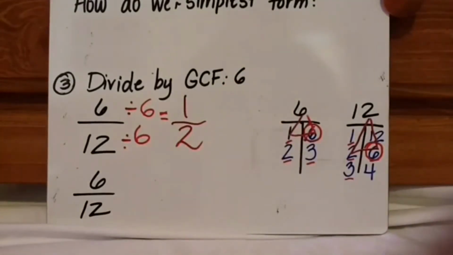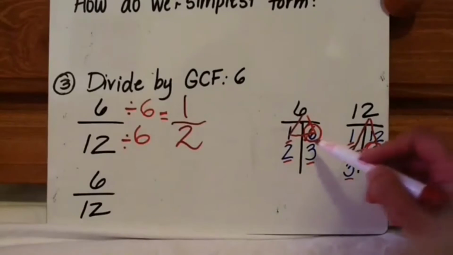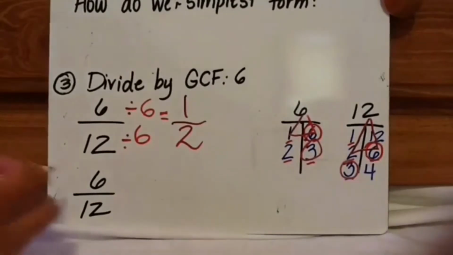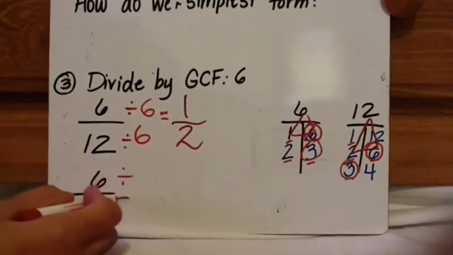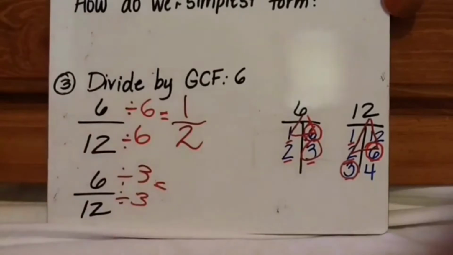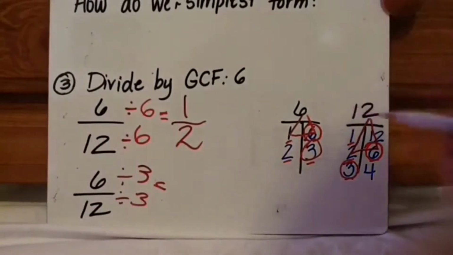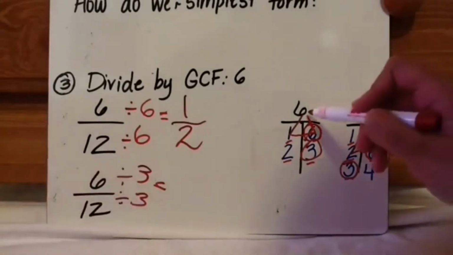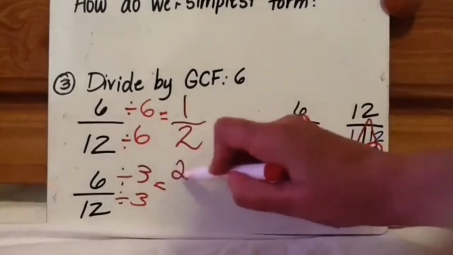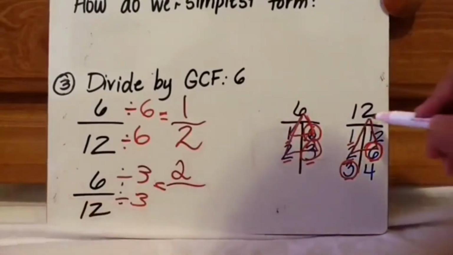It's very easy. Now, I'm going to show you what happens if you accidentally don't pick the greatest common factor. Let's say you picked 3. You completely missed the 6 and you picked 3. You will still get an equivalent fraction, it just won't be the simplest form. So you can do the triangle method on the T-chart. 6 divided by 3. 6 divided by 3 is 2. 12 divided by 3.